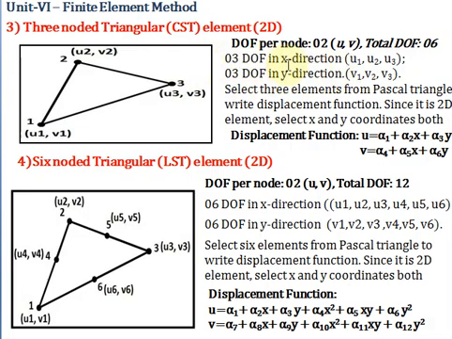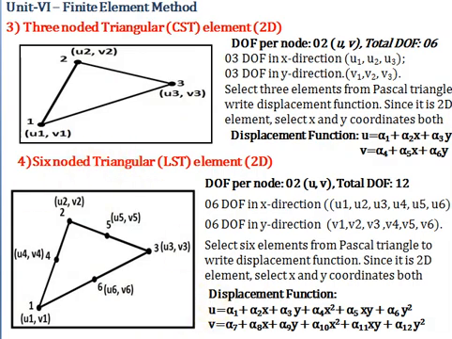The 3 in x direction are u1, u2 and u3, and v1, v2 and v3 in y direction. So select 3 elements from the Pascal triangle. To write the displacement function, since it is a two-dimensional element, select x and y coordinates both.